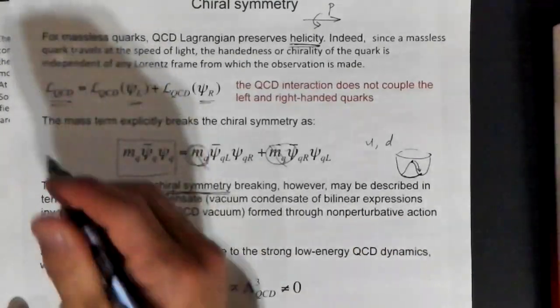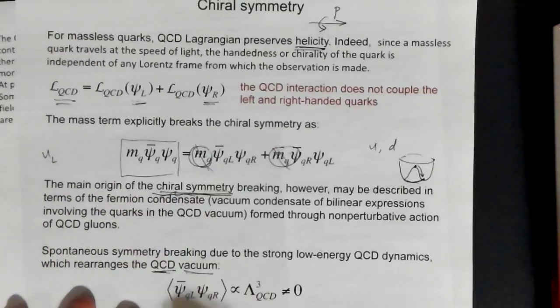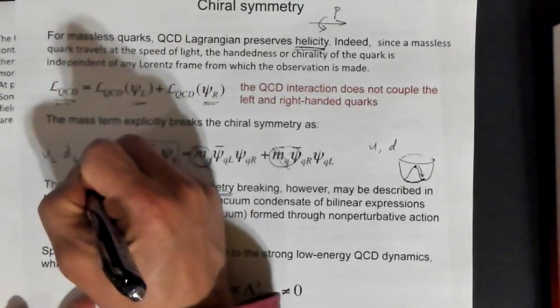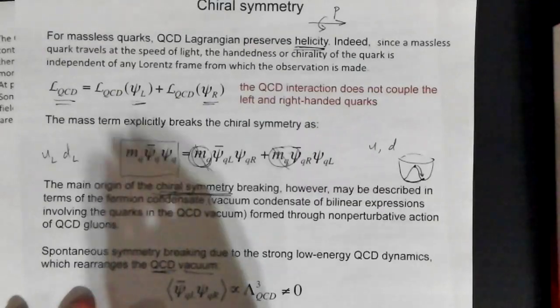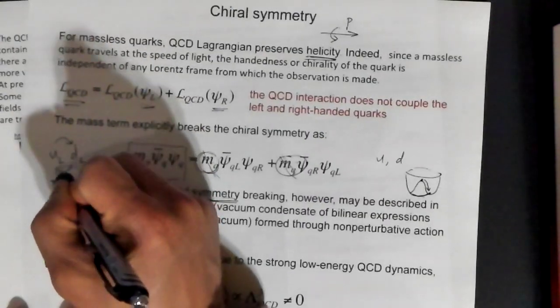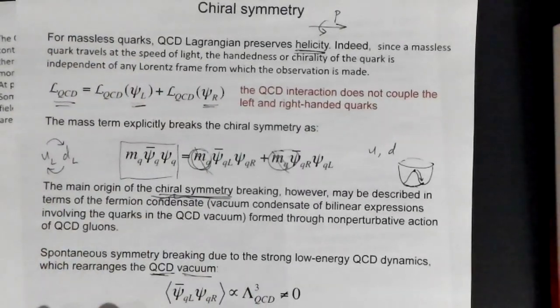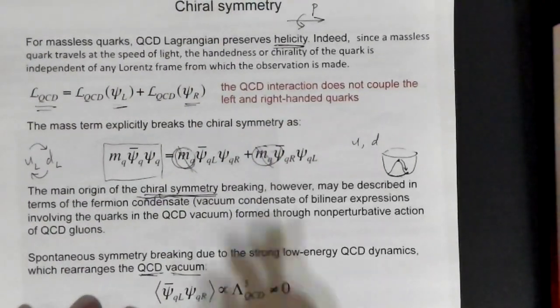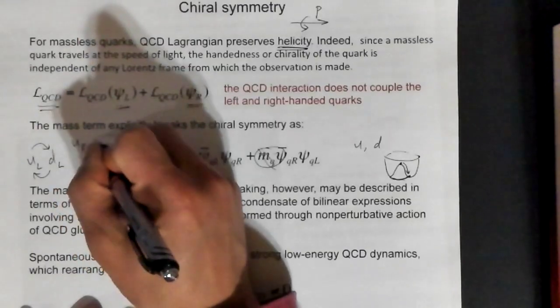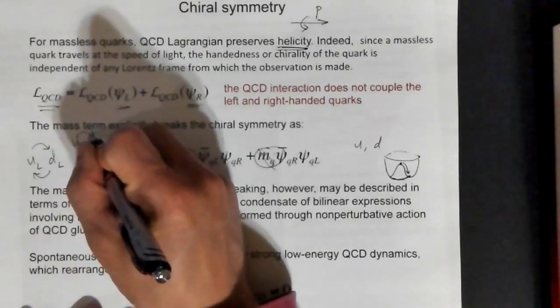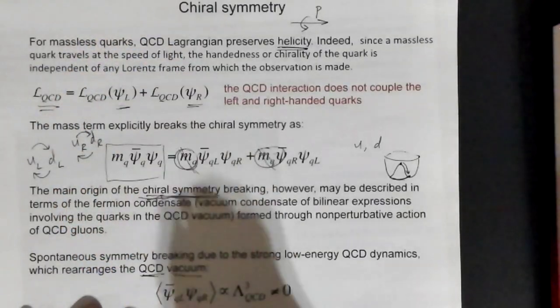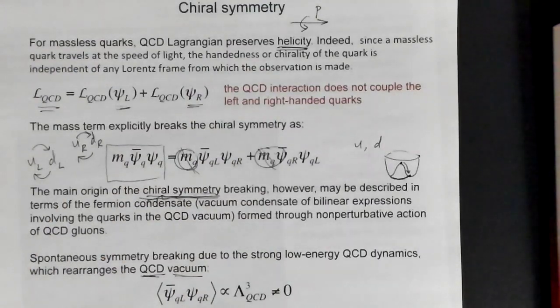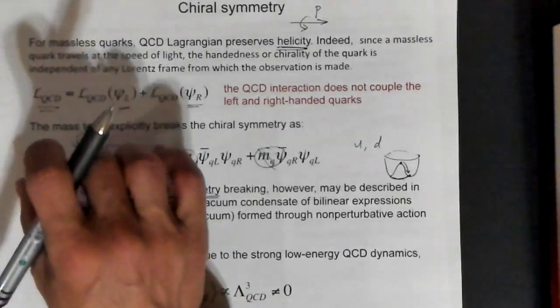So I can take the left helicity of the up quark and the left helicity of the down quark and do a rotation. I can interchange the two while not touching the right-handed helicities, or I can maybe interchange the right-handed up and down quarks. Okay, and that would be another transformation on the right-handed quarks. This is what's called chiral symmetry.